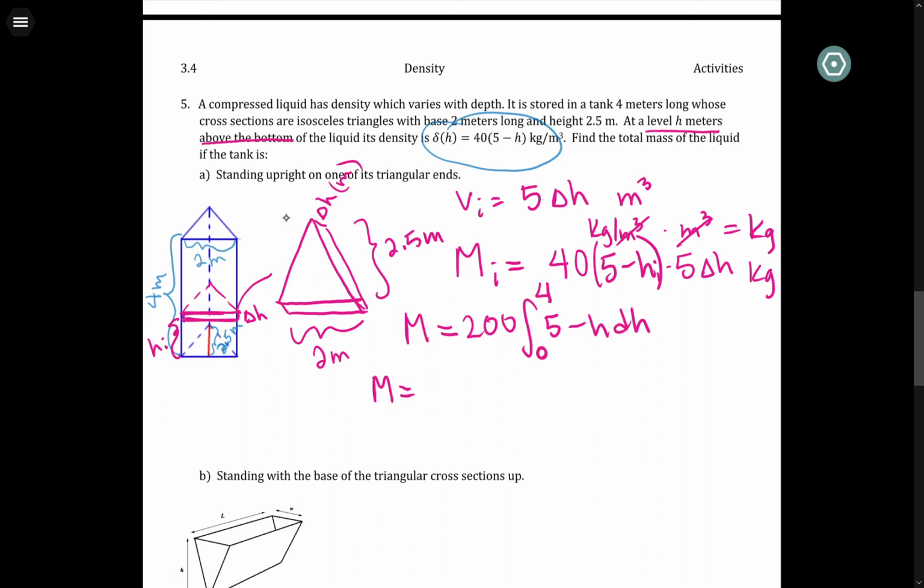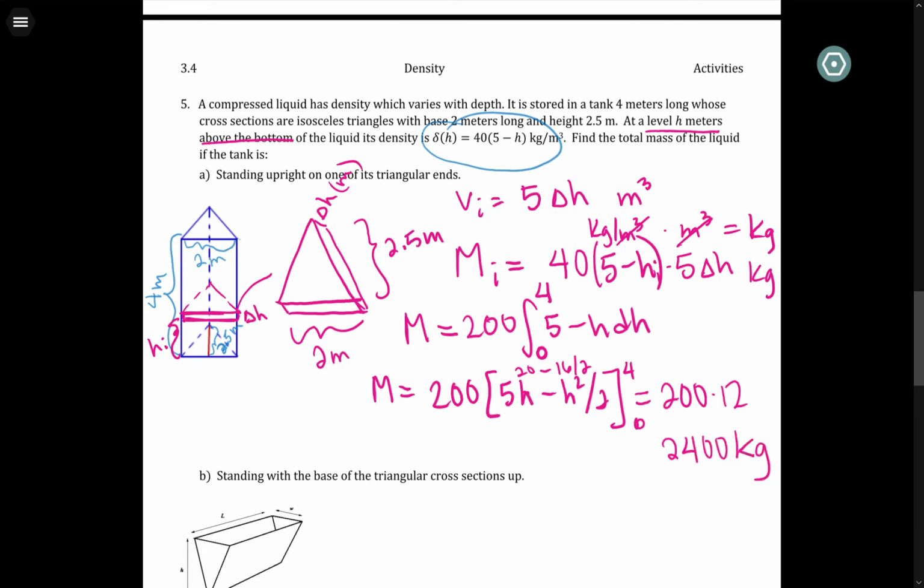Which means we get 200 times 5h minus h squared over 2 from 0 to 4. Plugging in 0 gives us 0, so we're just going to end up with 200 times 20, 5 times 4 is 20, minus 4 squared is 16 over 2, so 20 minus 8 is 12, which means we're getting 2,400 kilograms.